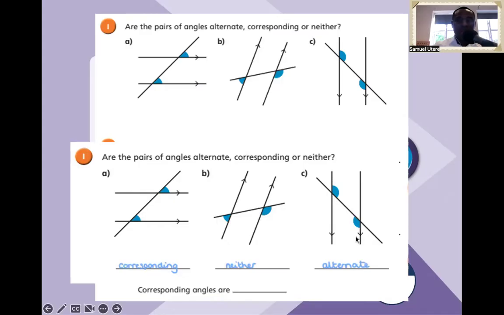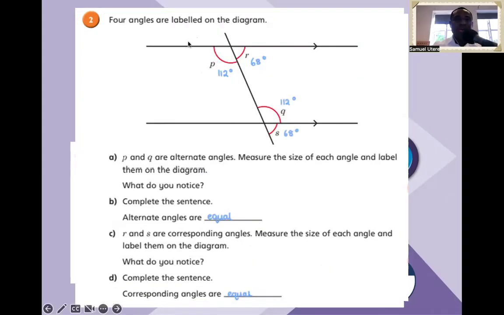So they're alternate. For question 2, you were asked, 4 angles are labeled on the diagram. P and Q are alternate angles. Measure the sizes of each angle and label them on the diagram. What do you notice? And then complete the sentence. Here you just need to measure them, and what we notice is alternate angles are equal.